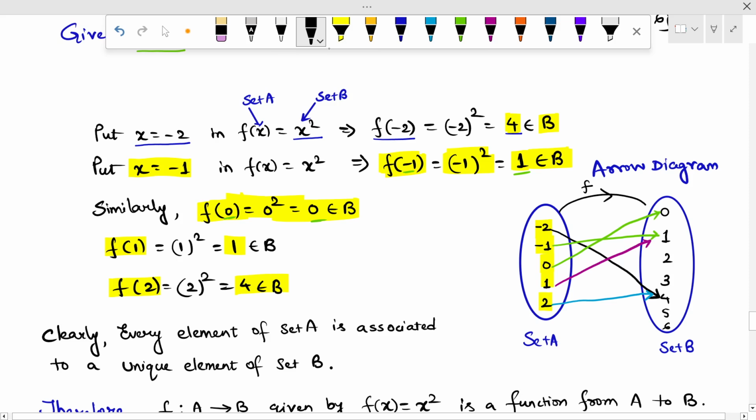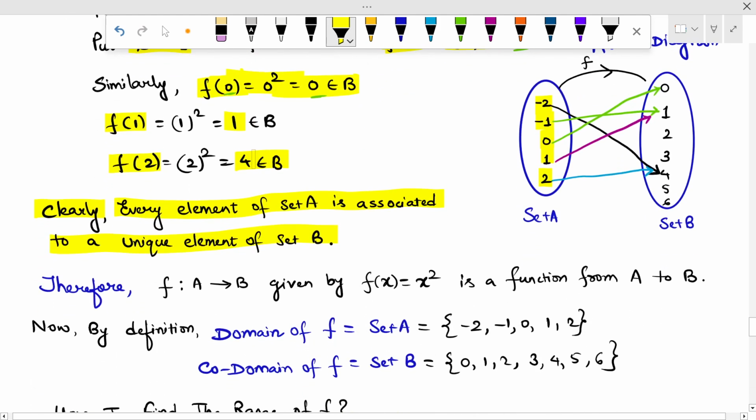You can see the explanation. Clearly, every element of set A is associated to a unique element of set B. Therefore, f is a function from A to B, right?